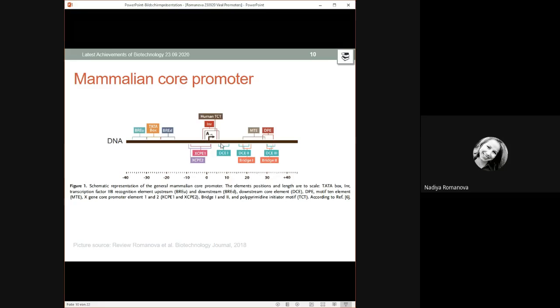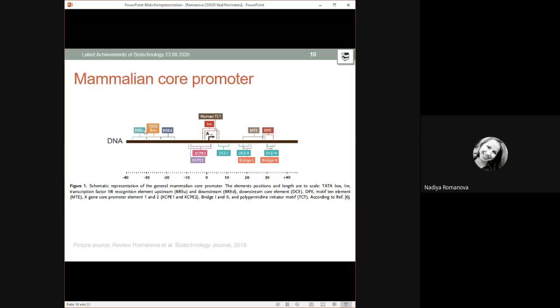You see that the core promoter has a number of distinct elements, and all of these boxes signify that in this DNA portion there is a specific recognition pattern, which is usually highly conserved between the mammalian cell lines and usually also between all the species, including bacteria.